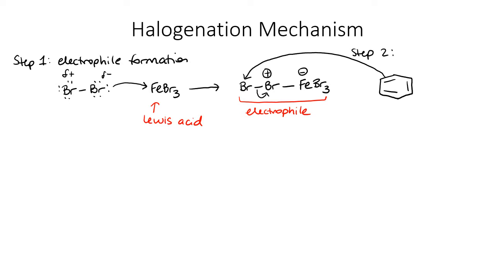That's going to get rid of the negative charge for that particular bromine. Now, after this attack, we're going to have the bromine on one of the carbons of the benzene ring, and we'll have a positive charge on the other one. So we're forming our first arenium ion resonance structure.